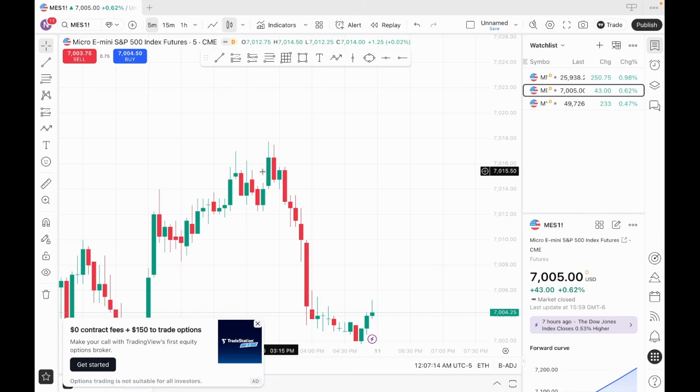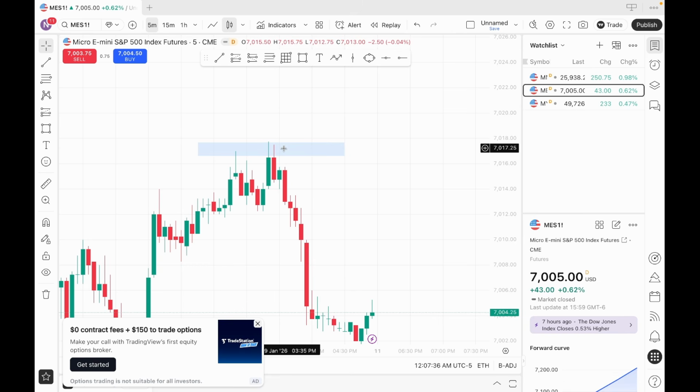And then this one tried to do it again. So when you're looking at this, it tells you there are a lot of sellers at this level, because you've got 1 rejection, 2, 3, 4, 5 rejections, right? When price goes to a certain point and rejects so many times, it's telling you to be careful.